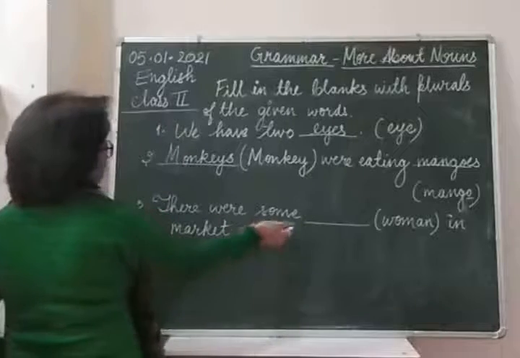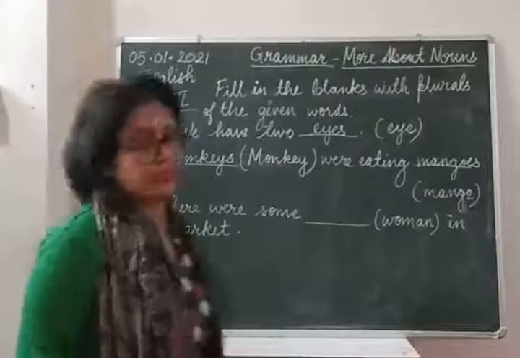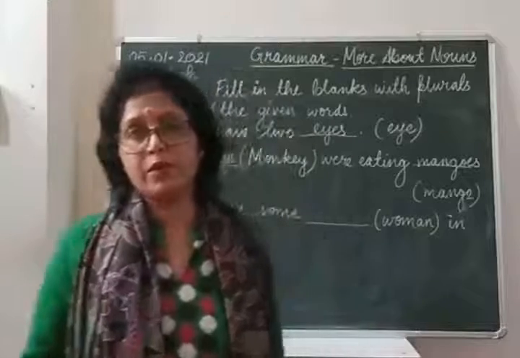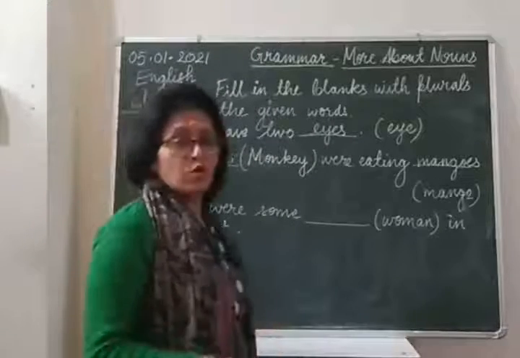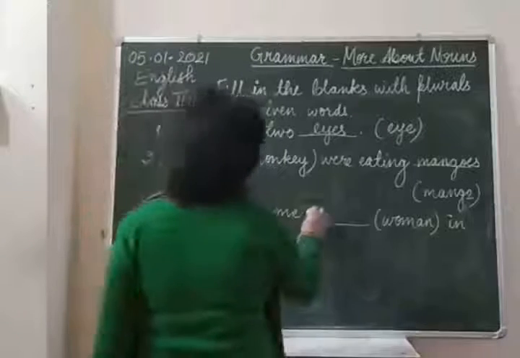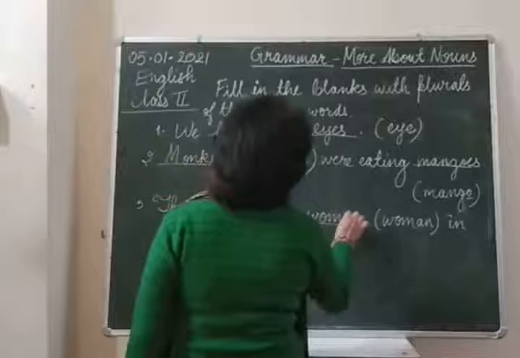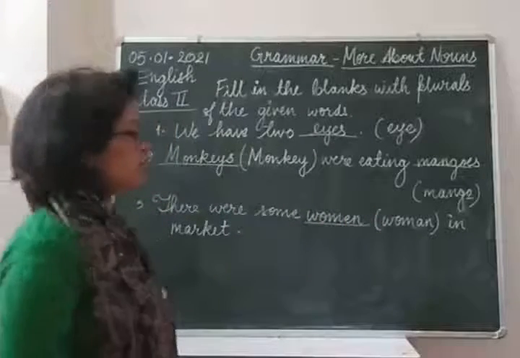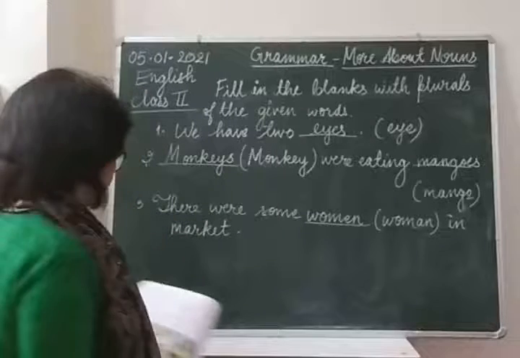Now since the word some is written, which means that more than one woman. Some is more than one. So the plural of woman is women. Women, women. There are some women in the market.